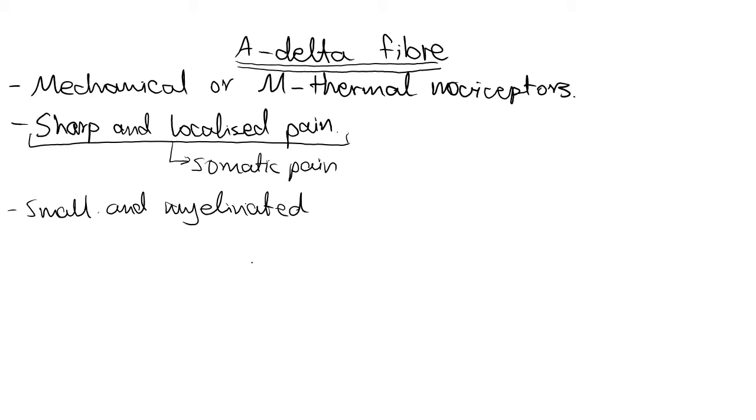Furthermore, since this neuron is myelinated, that is going to be increasing the speed of the nerve impulse. So as you can see, along with the sharp and localized pain, these A delta fibers allow for fast transmission of the pain as well.